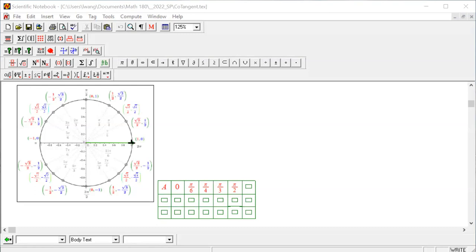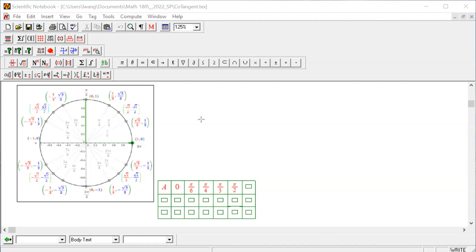We get 0 here, pi over 6 from standard position, pi over 4, pi over 3, and pi over 2. So we look at the first quadrant, from 0 to pi over 2.